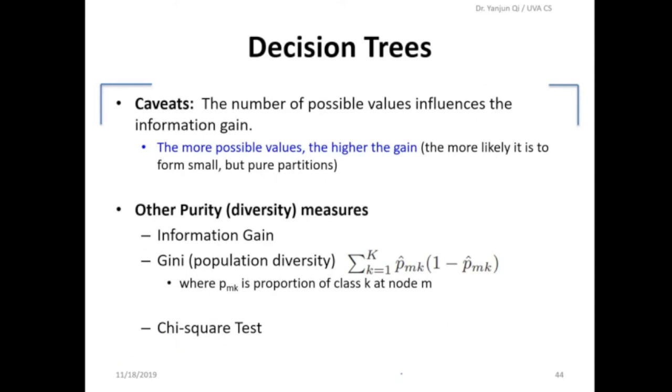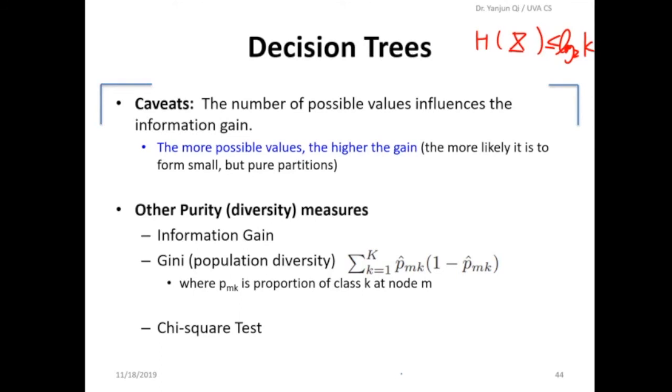H(X) is upper bounded by log2 K. So H(Y) conditional on whatever you reached so far is upper bounded by log2 K. So it prefers features with more possible values: the higher the gain, and the more likely it is to form smaller but pure nodes.